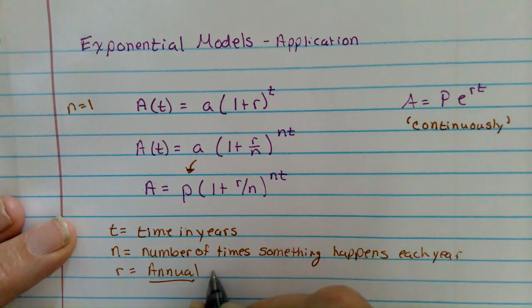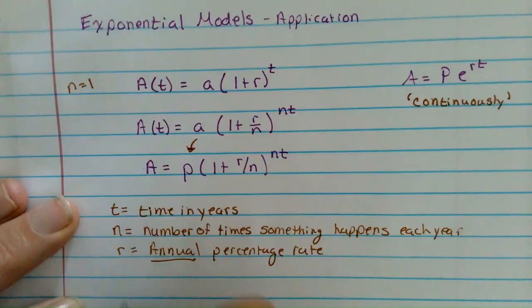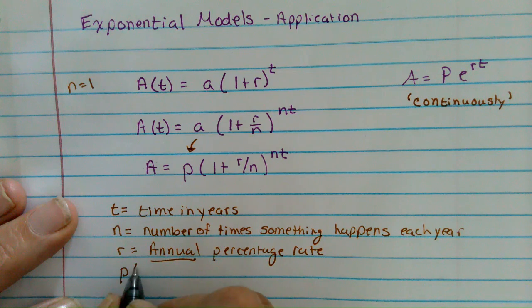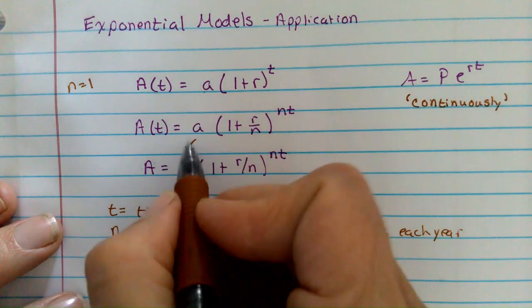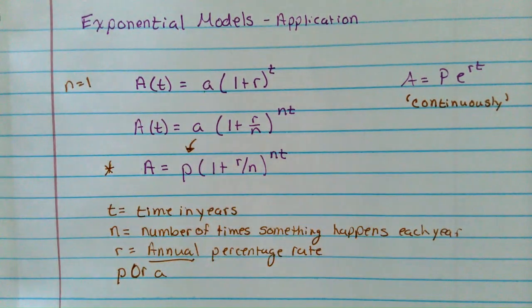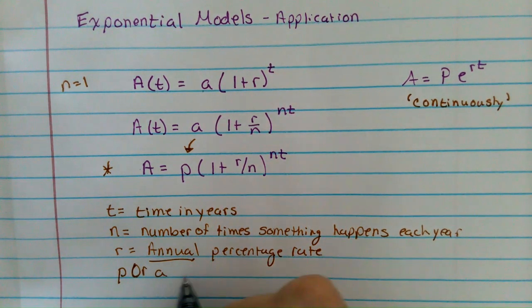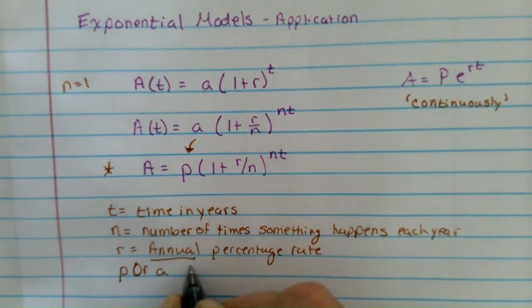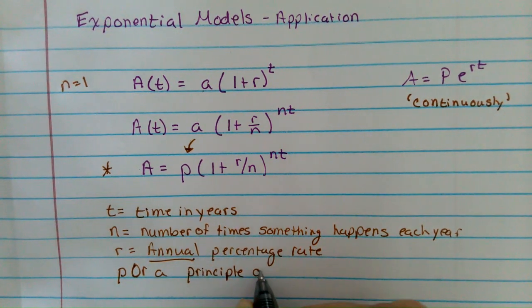Annual percentage rate. And lowercase p or lowercase a, depends on which version you're looking at. I think this is the one that's on the Algebra 2 EOC formula sheet, is your principal or your starting amount.